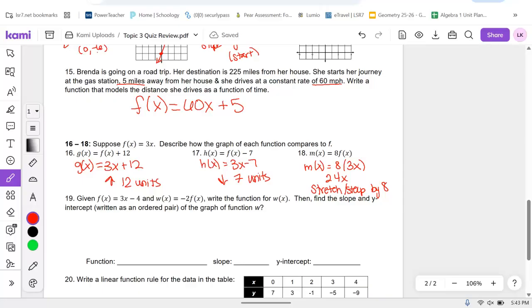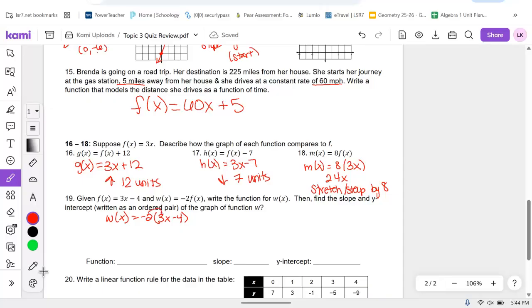Now 19 says given f of x equals 3x minus 4 and w of x equals negative 2 times f of x, write the function for w of x. Then find the slope and y-intercept, written as an ordered pair, of the graph of function w. So w of x equals negative 2 times all of f of x, so 3x minus 4.